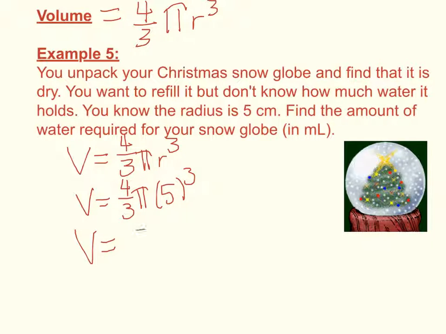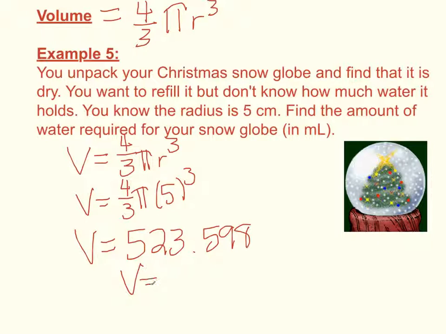Let's round that to two decimal places, because in class we said if they don't tell us how far to round, we're going to round to 2 decimal places. I'm getting an answer of 523.598. Now that 8 is going to cause the 9 to round to a 0, which causes the 5 to round up to a 6.